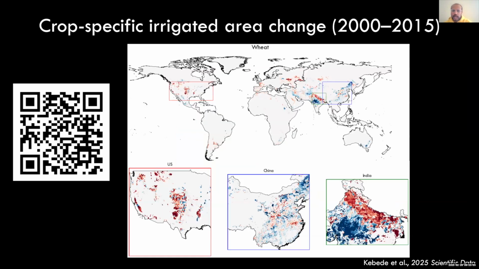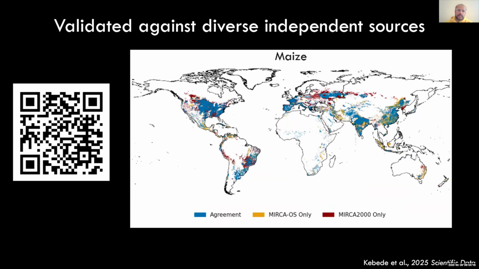We also tried to see how the irrigated area at pixel level, which is a 5 arc-minute pixel, changed through time, particularly from the year 2000 to 2015. And you can see that in most parts of the Western United States, central China, as well as the northern part of India, irrigated wheat showed a decreasing trend in 2015 compared to the year 2000.